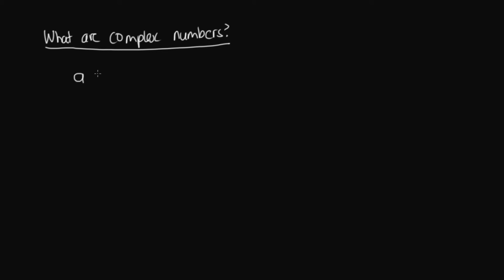Okay, so we're going to start with what are complex numbers. Basically, complex numbers are numbers that can be written down in the form a plus ib, where a and b are both real numbers.